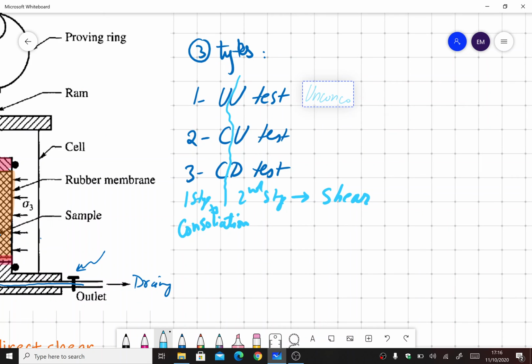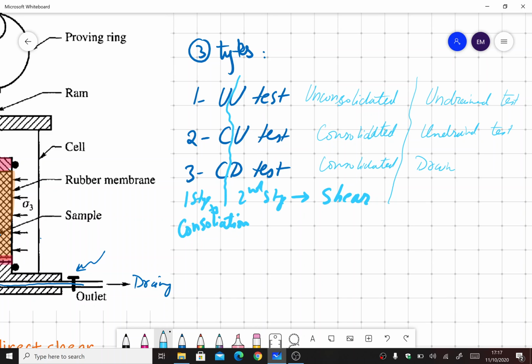Okay, so this is unconsolidated. This is the first part, and the second says U, that means undrained. So it's a UU or unconsolidated undrained test, and then we have CU, that means consolidated and undrained test, and lastly it's a CD test, that means it's a consolidated and drained test.